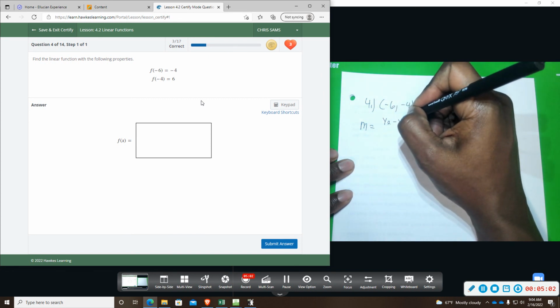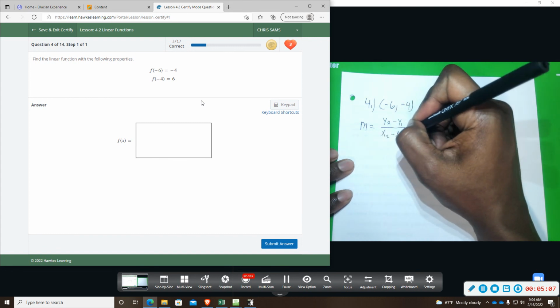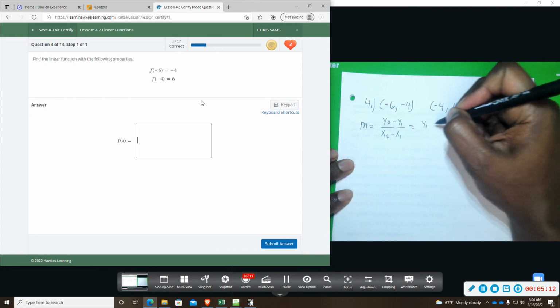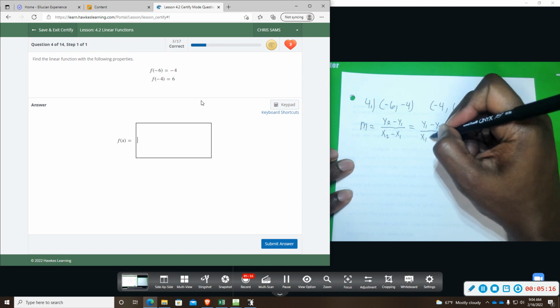y2 minus y1 over x2 minus x1. Now you could really do these in a different order. You can do y1 minus y2 over x1 minus x2.